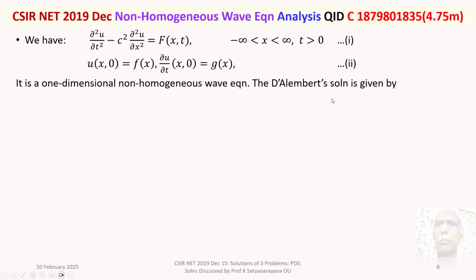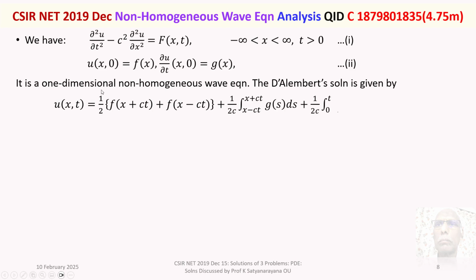The D'Alembert solution is ready-made and it is given by u(x,t) = 1/2 [f(x+ct) + f(x−ct)] + 1/(2c) ∫ from x−ct to x+ct of g(s) ds + 1/(2c) ∫ from 0 to t ∫ from x−c(t−τ) to x+c(t−τ) of f(ξ,τ), to be integrated with respect to ξ and with respect to τ.